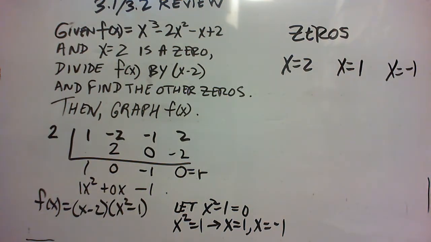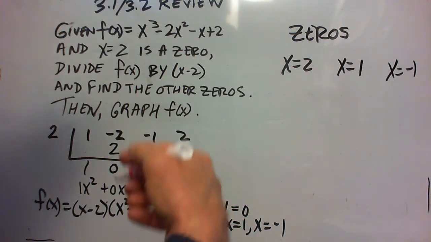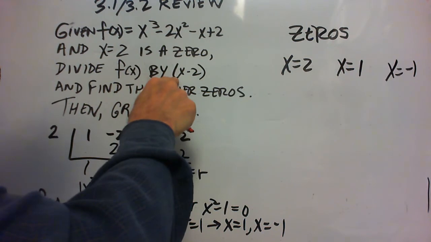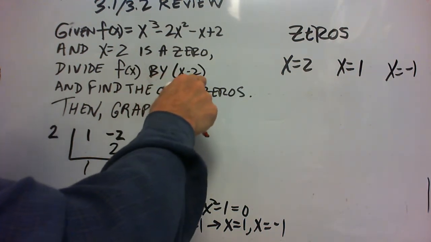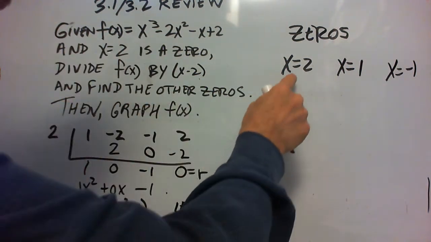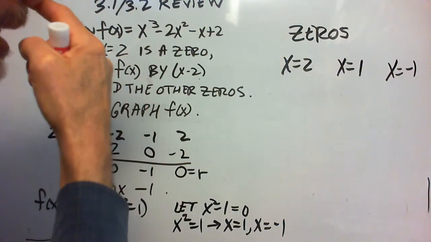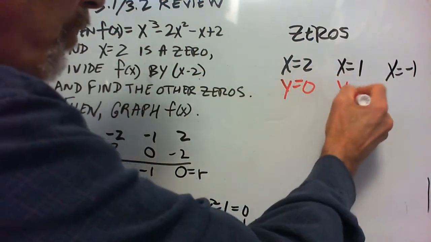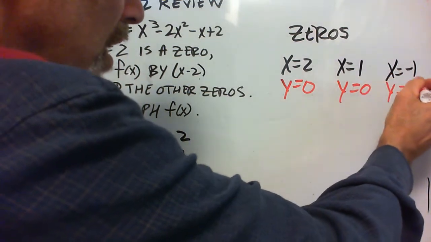Now, zeros are defined as the x values when f of x is equal to 0. Well, f of x is just another name for y. So zeros not only have the property that when you have a 0, then x minus that value is a factor, they also have the property that if they're real numbers, they give you the x-intercepts, because y equals 0 for each of those values.